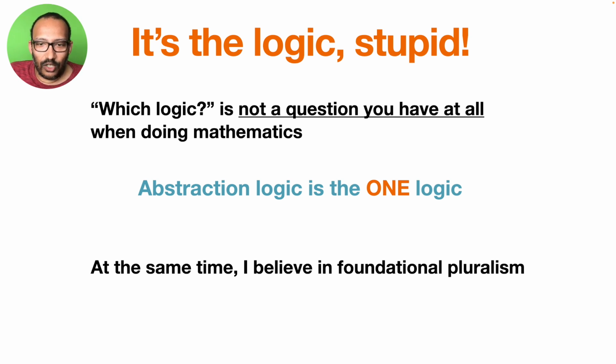I think that abstraction logic is the one logic, okay? It's the one foundation, and that's also why I think it's, of course, the right logic for Practal. It's a logic you can install once, and then you can forget about the logic. You don't have to think anymore, do I need a special logic for this or for that, because you have this common foundation, and you just accept it.